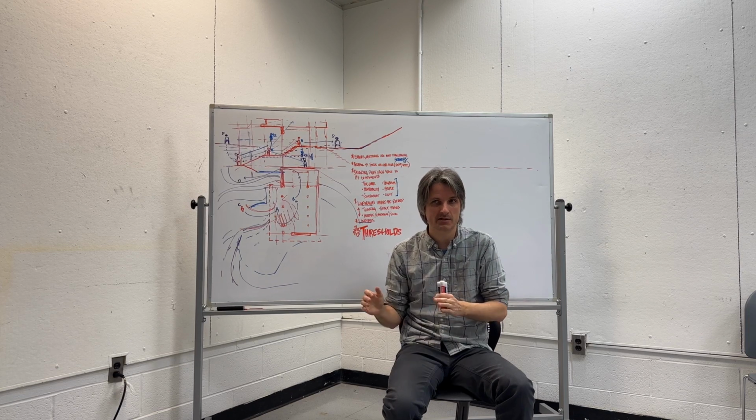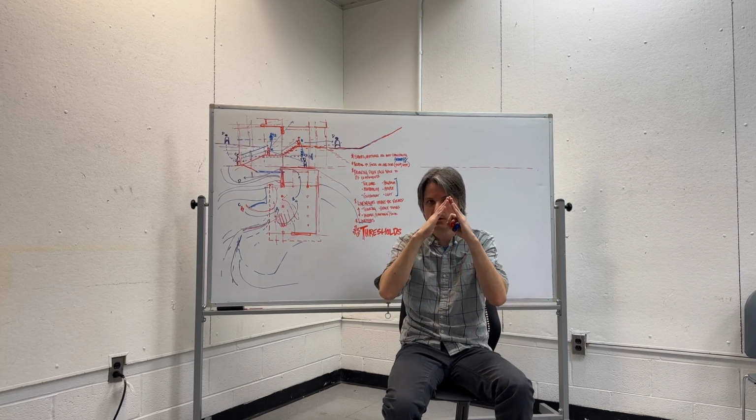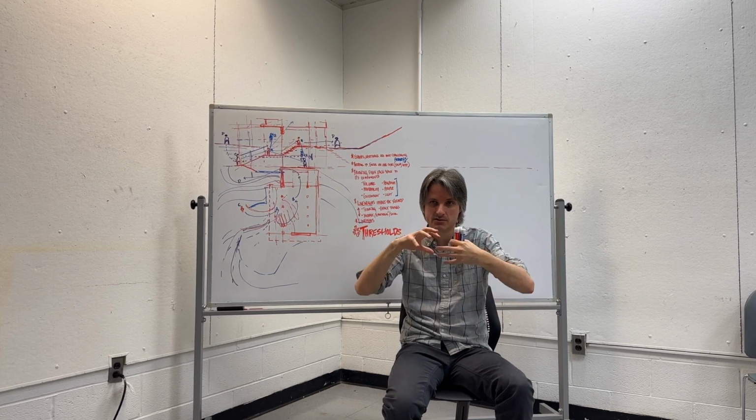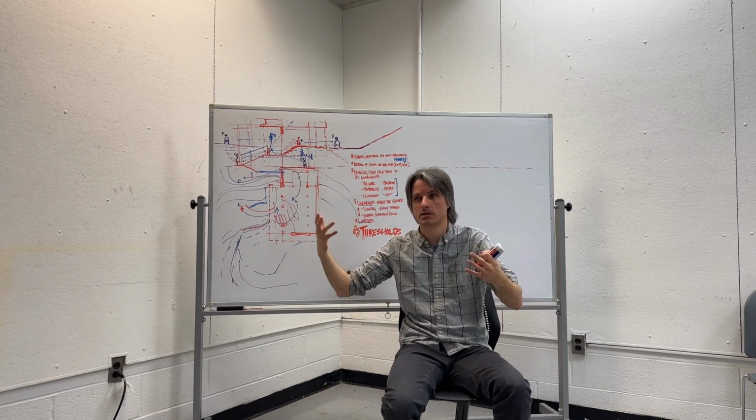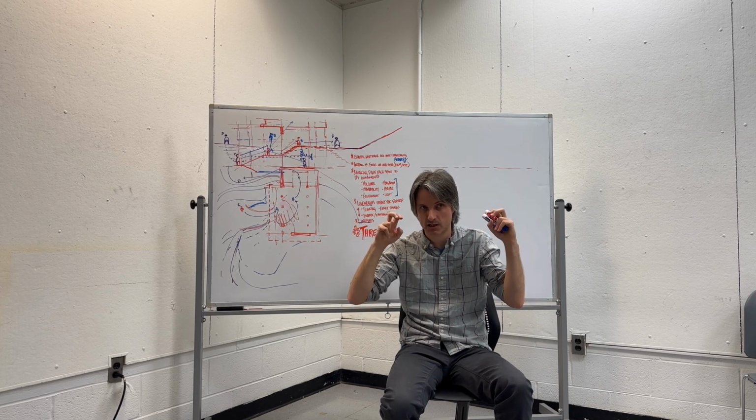Nothing slows down design faster than trying to design something to go in the space of a triangle where nothing can fit. Nothing slows down design faster than making weird shapes for weird shapes' sake, just to, quote, make it look interesting, right?